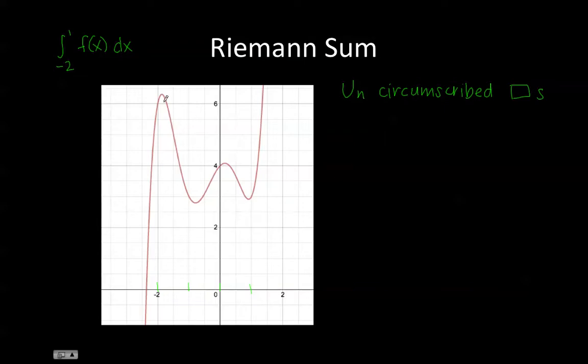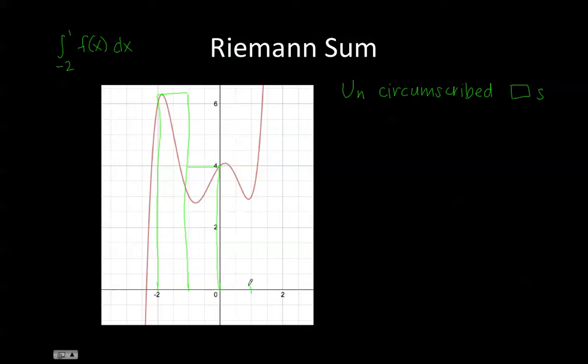So for my first increment, my x value over here gives me the highest f of x value, so that's going to be the height of my first increment. Over here, this value of x gives me the greatest f of x value for this increment, so that's the height of that rectangle.